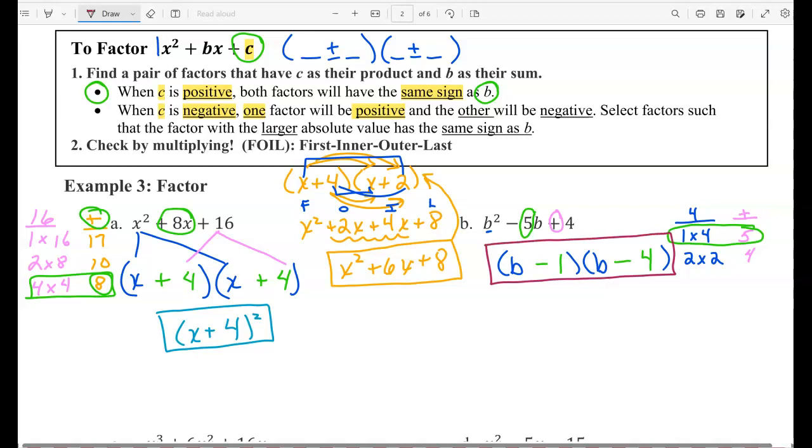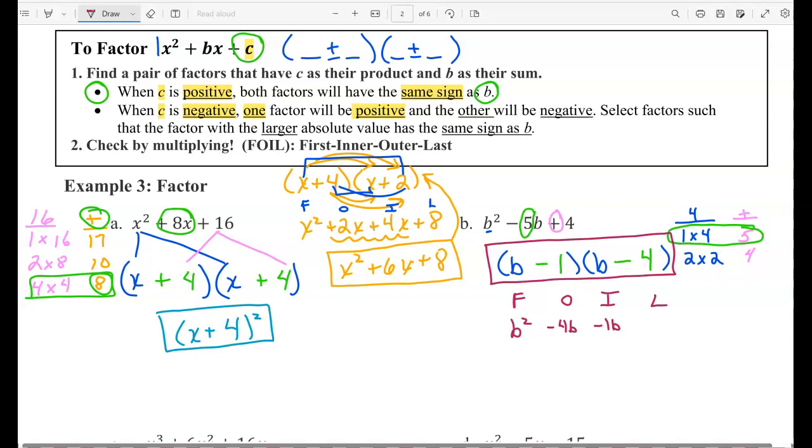So if we wanted to, we can check it, we can distribute it out, we can distribute the b and the -1, or we can think about FOIL helps us here. So remember, FOIL represents the first positions multiplied together, which is b squared. The outer position, -4b. The inner position, -1b.